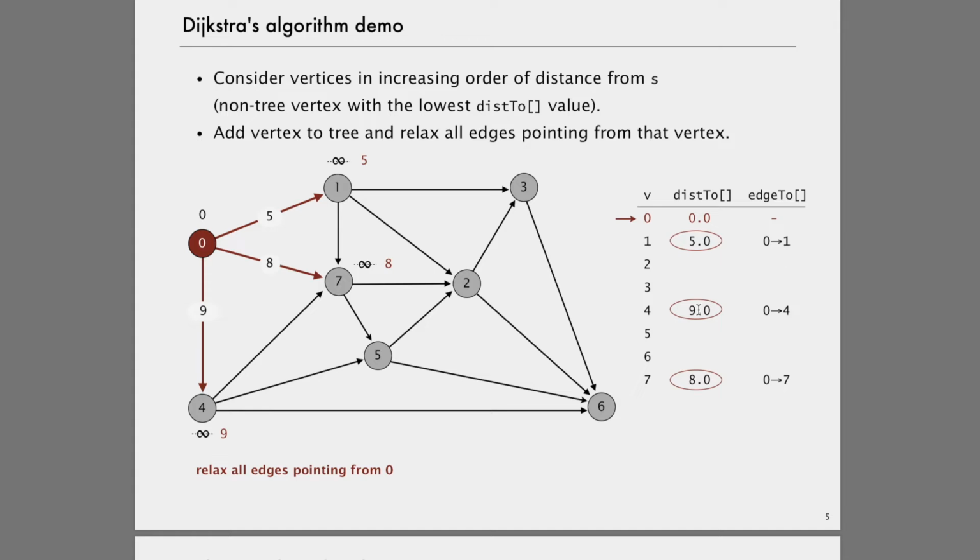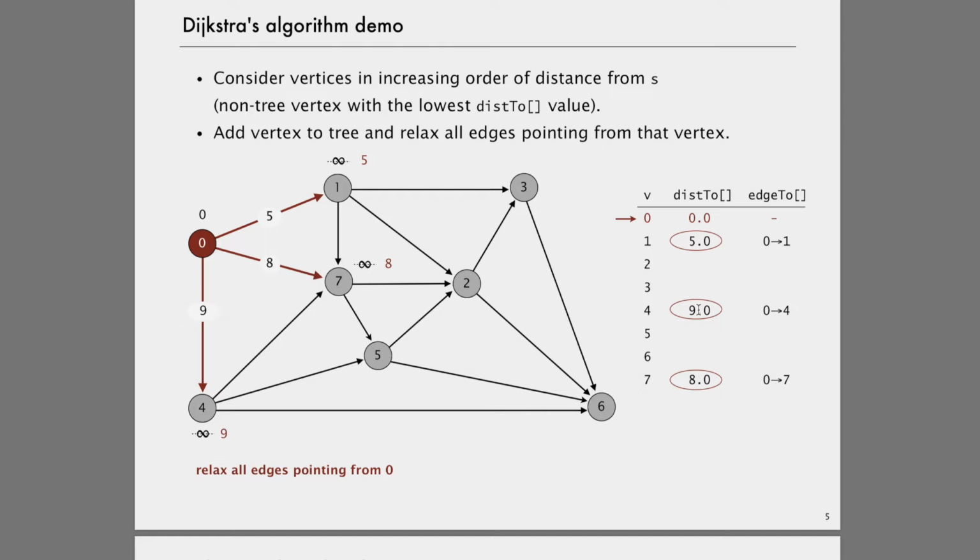Since the edge weights are positive, we are not going to find a shorter path to anyone. Those are the shortest paths that we know so far to the vertices.